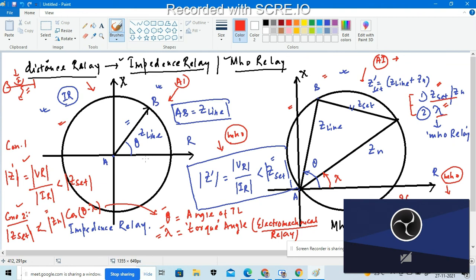So the distance relay is actually called the advanced version of a directional overcurrent relay, because we are connecting one single system, and at the sending end we are connecting the load, so we don't know on which side the fault will come. That is why we implement the distance relay. So for the distance relay our main concentration is to find out the apparent impedance. Apparent impedance is the important parameter for the distance relay.